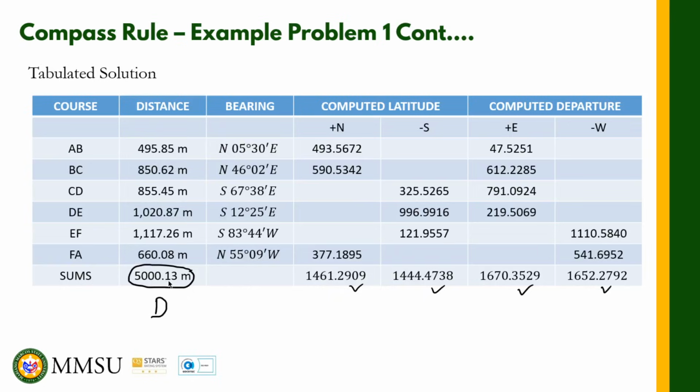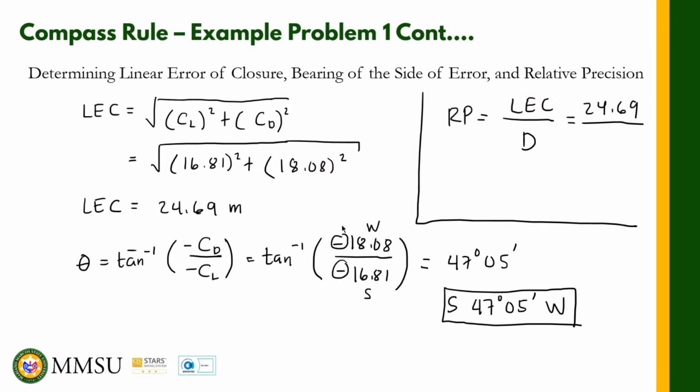That's 5,000.13 meters. So the relative precision is equal to 1 over 202.52. And we can say this is approximately equal to 1 over 200 to one significant figure. Okay, so that's 1 over 200.